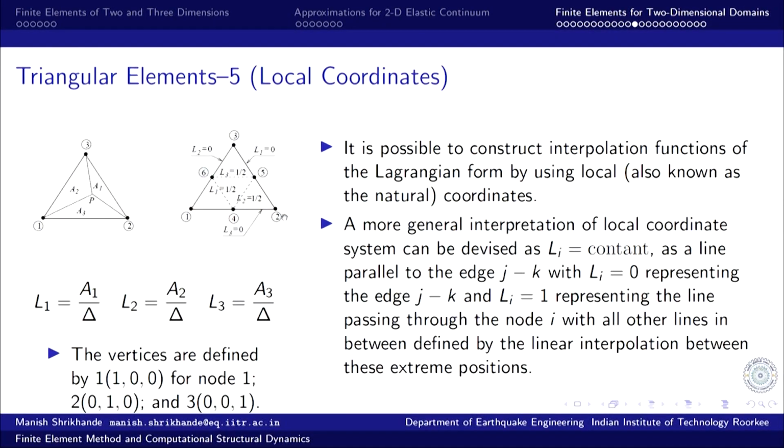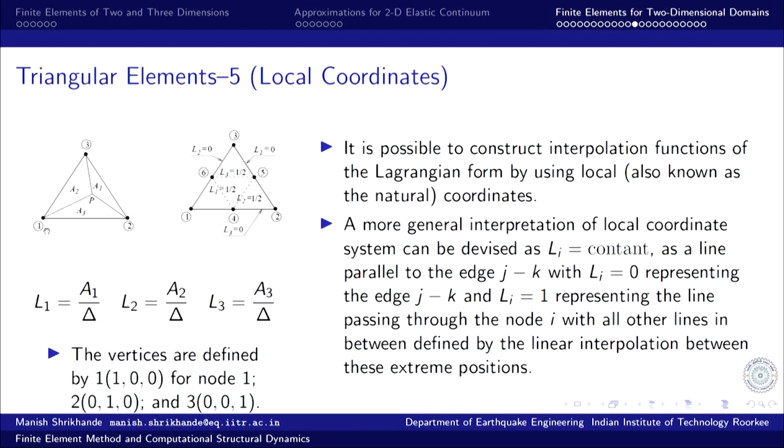Going by the Lagrange interpolation, all that I need to know is, for example, let us look at this constant strain triangle, 3 node. The interpolation function for node 1 has to be 0 at node 2 and node 3. So, I just say the interpolation function for node 1 is simply L1. So, L1 is the interpolation function for node 1 for the 3 noded triangle.